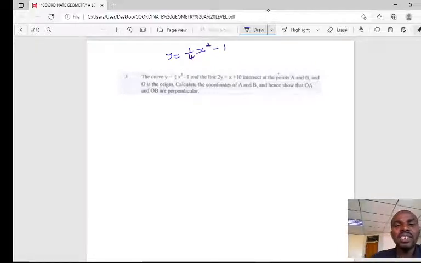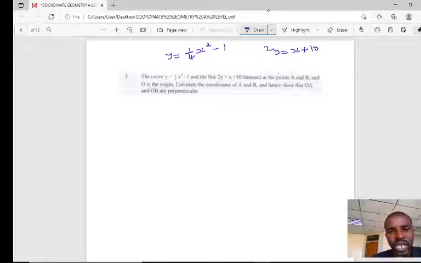And the line 2y is equals to x plus 10 intersects at the points A and B. And O is the origin. Calculate the coordinates of A and B and hence show that OA and OB are perpendicular. You have to show that.